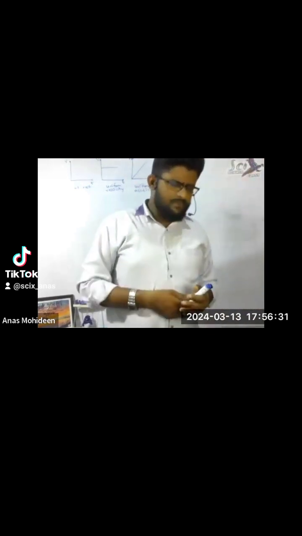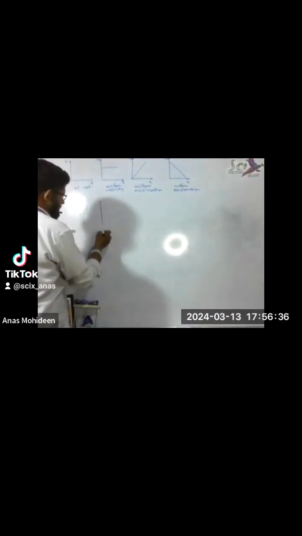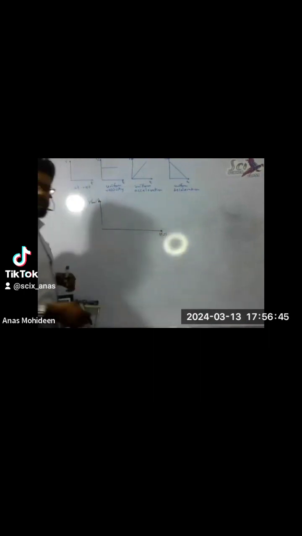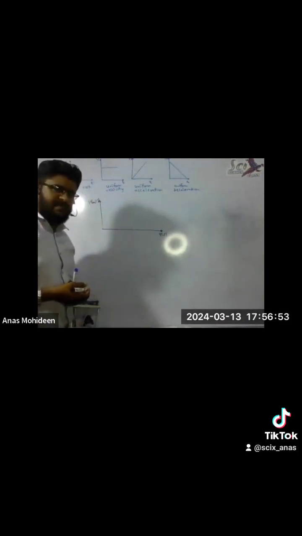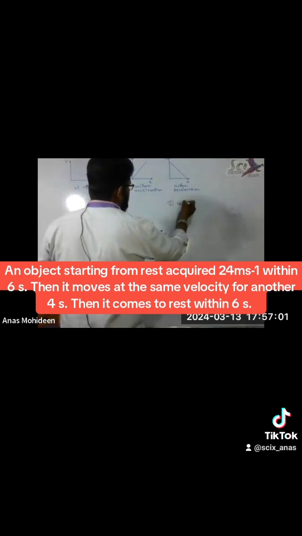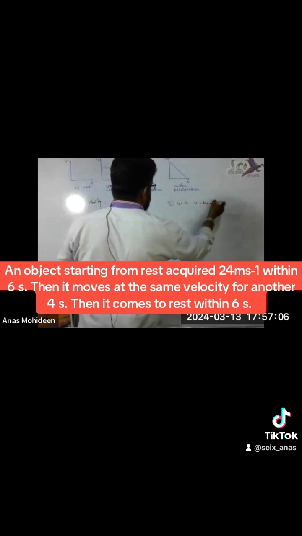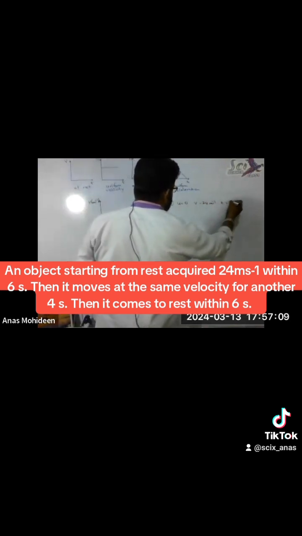All right, so let's take an example. I want to show the motion of an object. I say it's starting from 0. Starting from 0, in the first case it acquires a velocity of 24 ms⁻¹, and the time taken is 6 seconds.